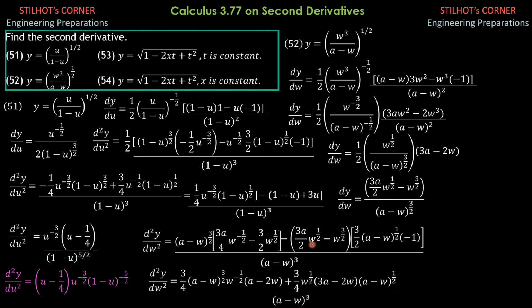And for this part here, this is negative 3/2 (a minus w), and we have 3/2 also here.